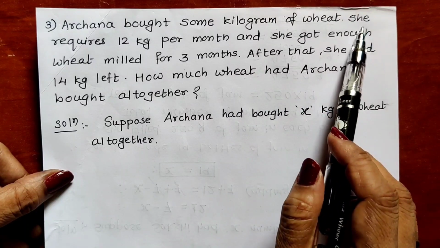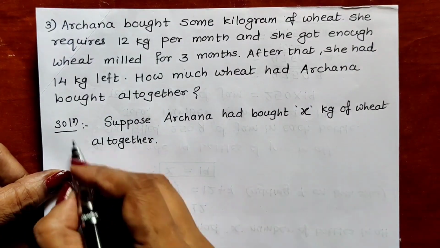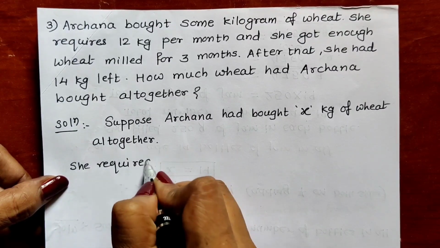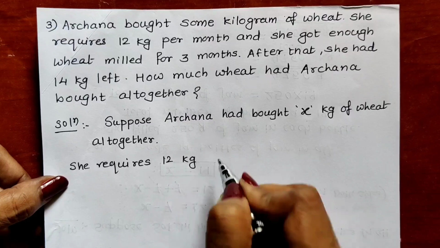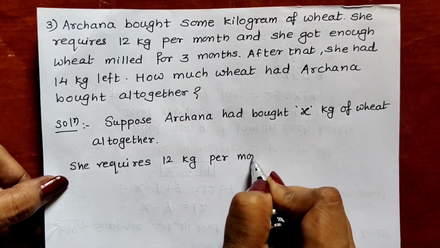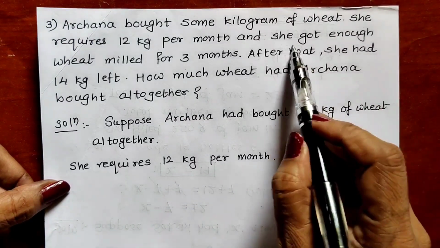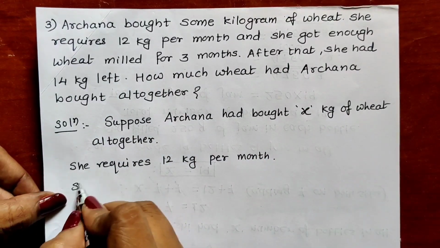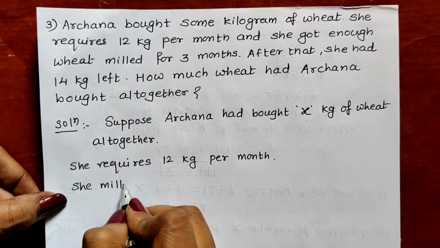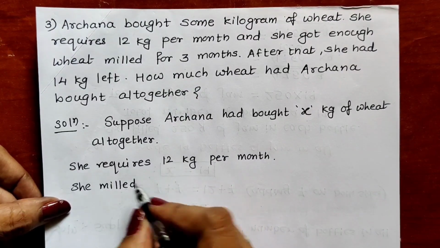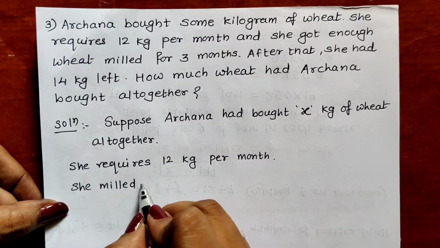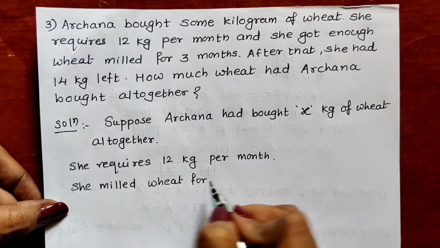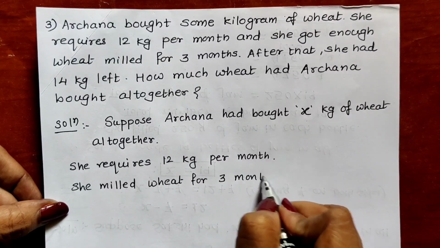Now what is given after that? She requires 12 kg per month, and she got enough wheat milled for 3 months.